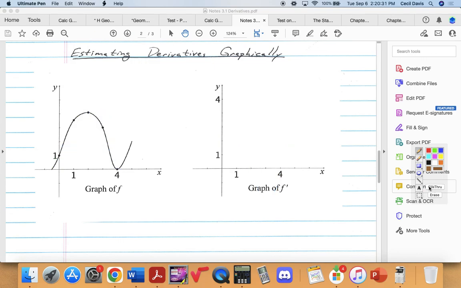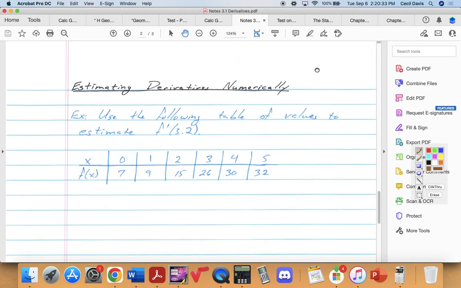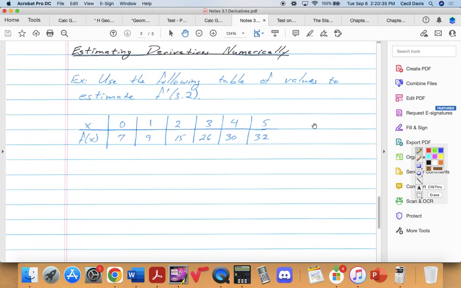All right, page 3. We can also estimate derivatives numerically. So it says use the following table of values to estimate f prime at 3.2. Notice no information is given to us as to what happens at 3.2, right?